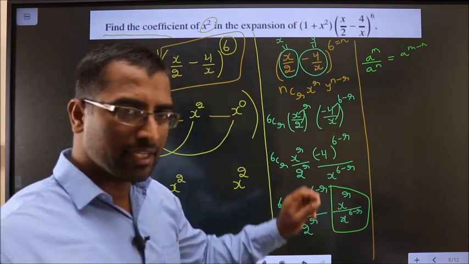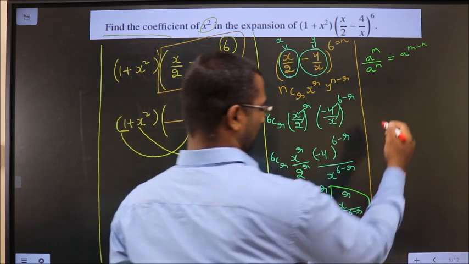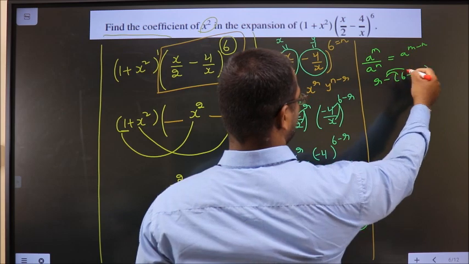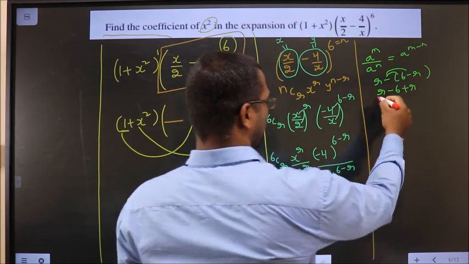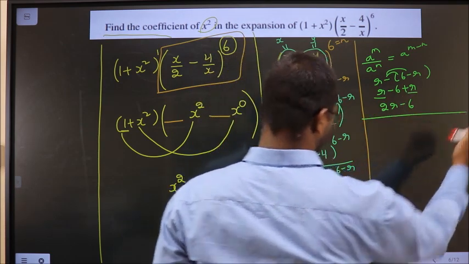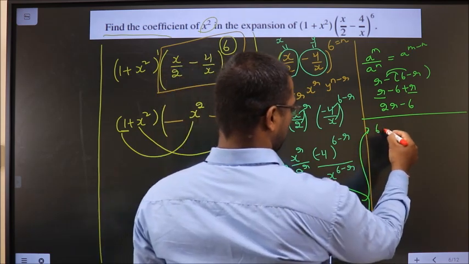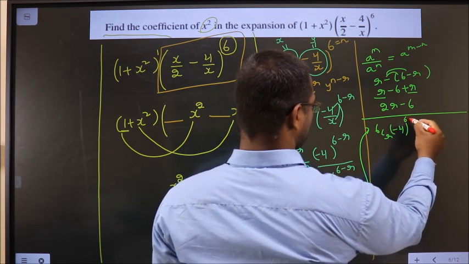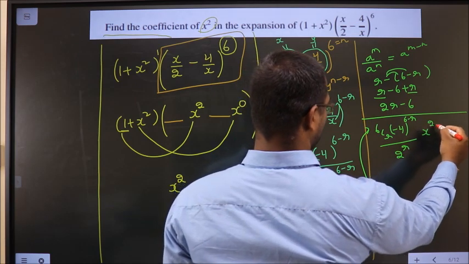Bases are same, division, subtract the powers. So if I subtract, what do I get? r minus (6 minus r). Multiply with negative sign, so r minus 6 plus r. These are like terms, so it will be 2r minus 6. So now this changes to 6Cr (minus 4) power 6 minus r by 2 power r x power 2r minus 6.